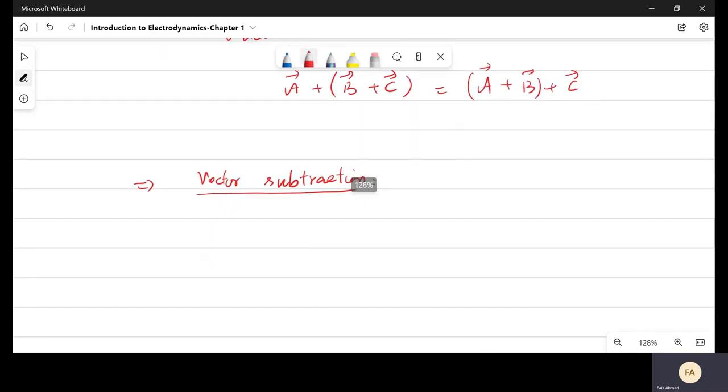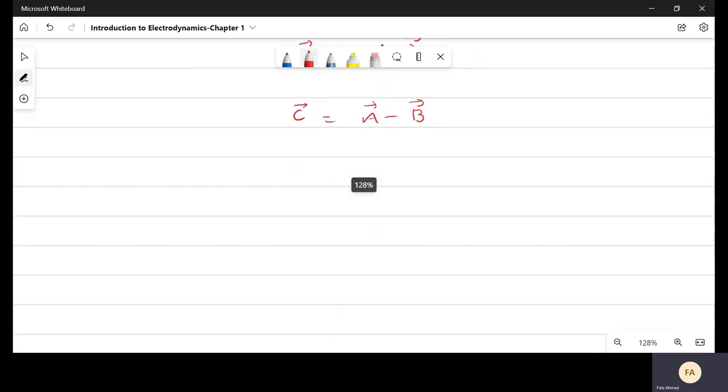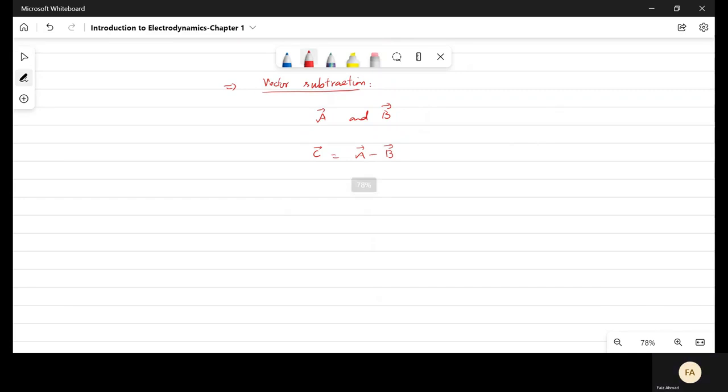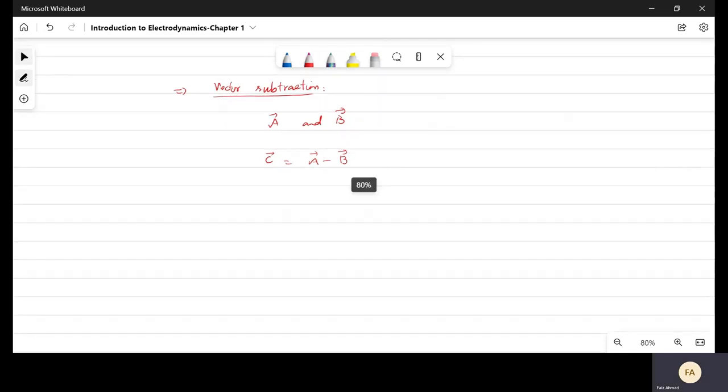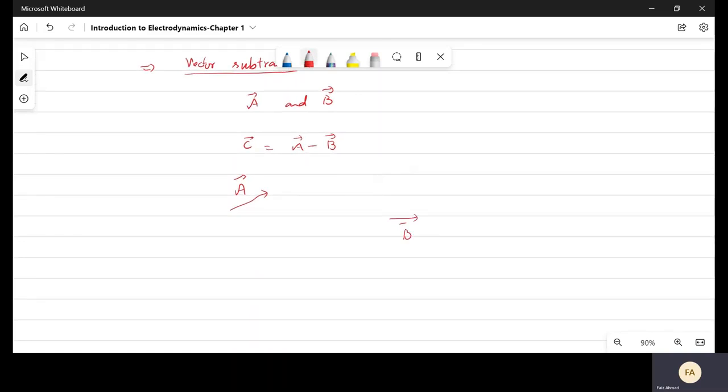You have two vectors, vector A and vector B, and we want to subtract vector B from vector A. The resultant vector, in abstract notation, is A minus B. So geometrically, say this is vector A, and we have vector B here.